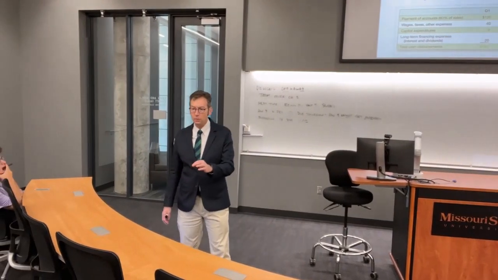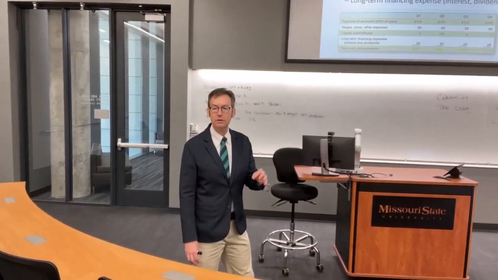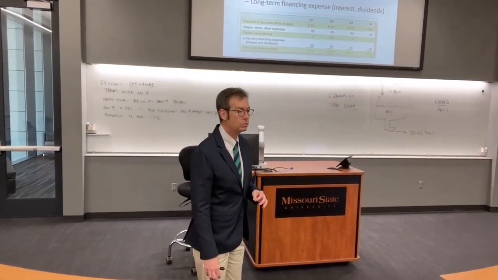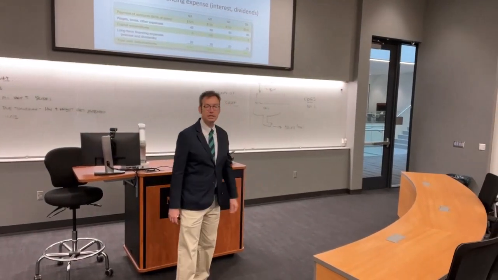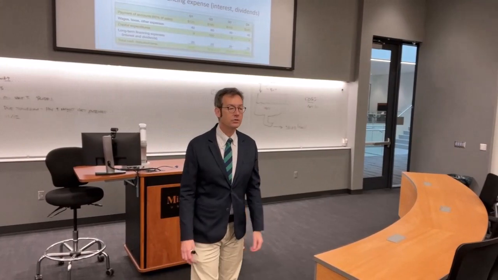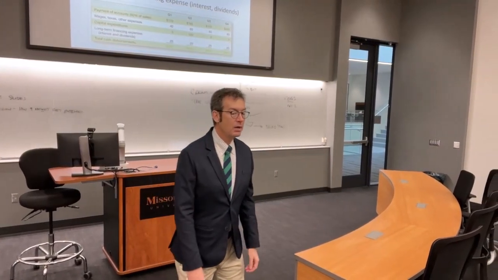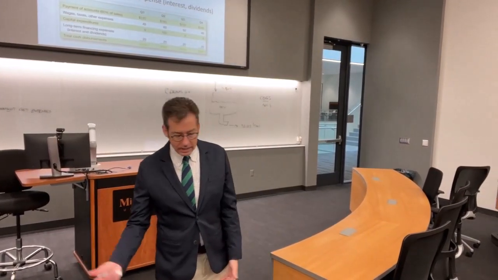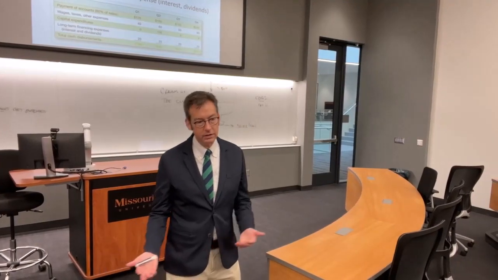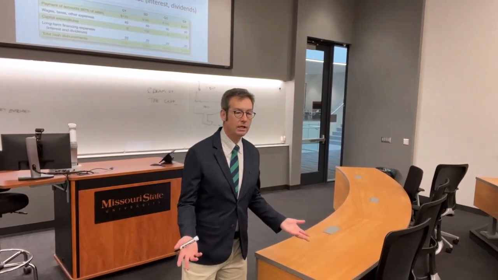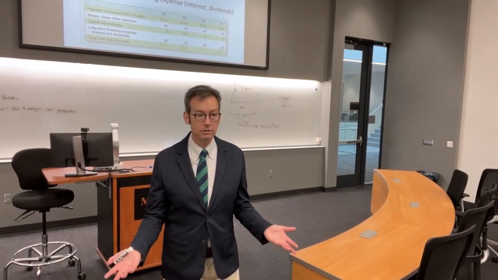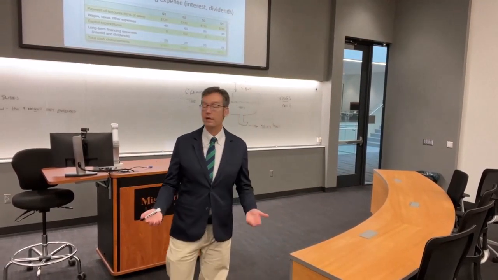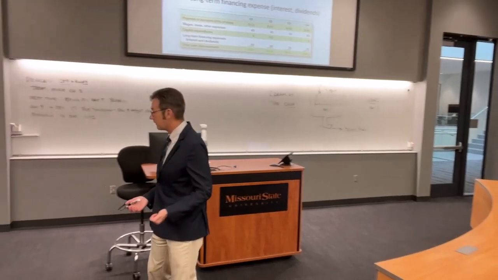By the way, do you think we have capital expenditures in every quarter? Probably not. And then we have our long-term financing expense, which would be your interest and your dividends. By the way, accounting and finance, we differ on treatment of interest and dividends, but can we agree that payment of both interest and dividends requires cash? Yeah, absolutely. And so that's why those are showing up there under long-term financing expense.